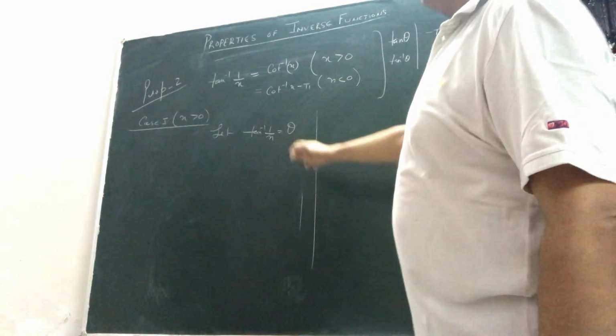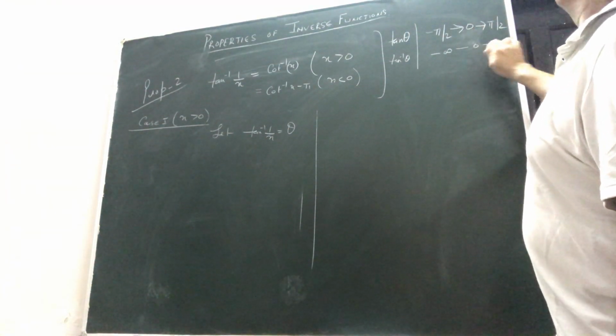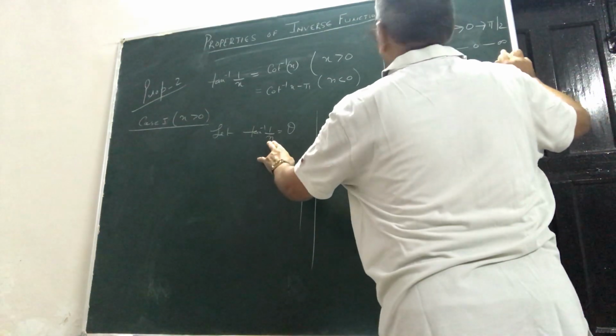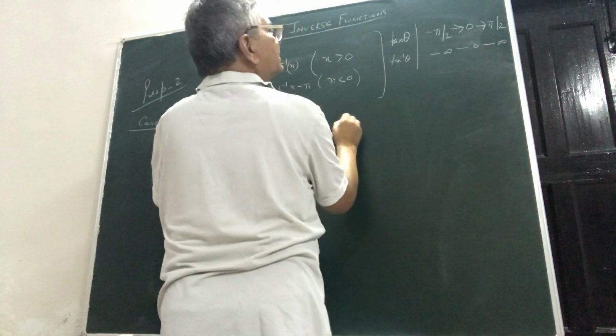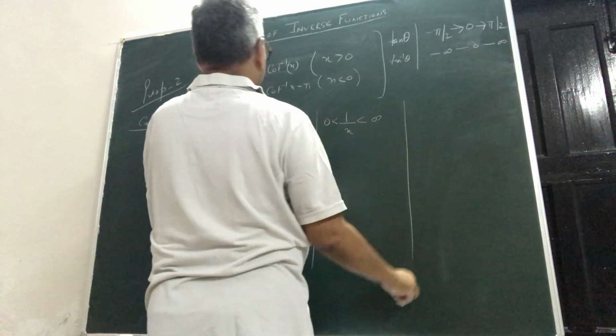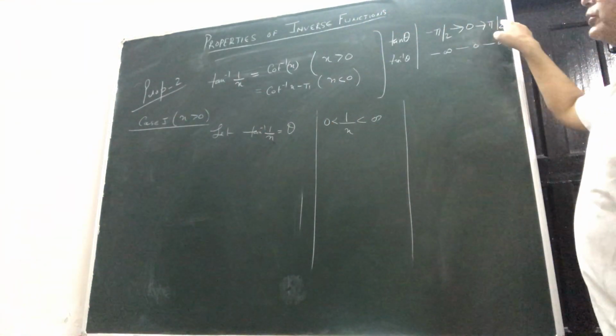Now tan inverse 1 by x is lying where? In the positive part. So 1 upon x is between 0 and infinity, and theta will be between 0 and pi by 2.